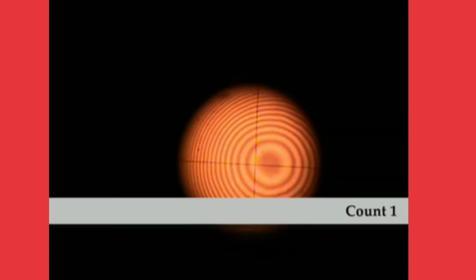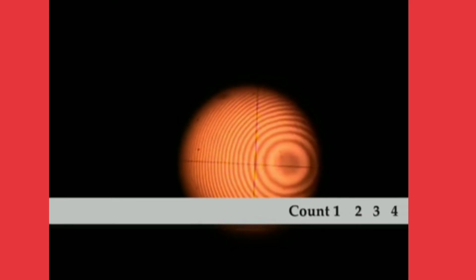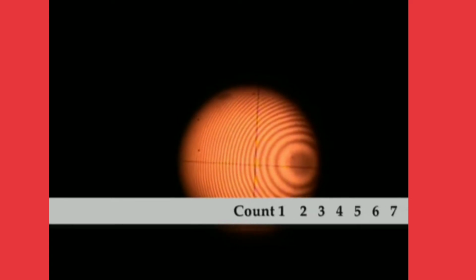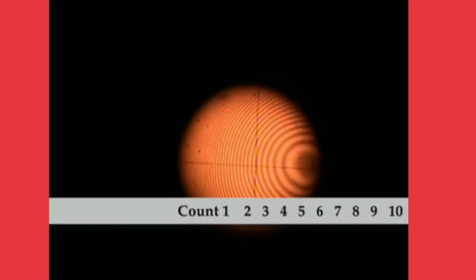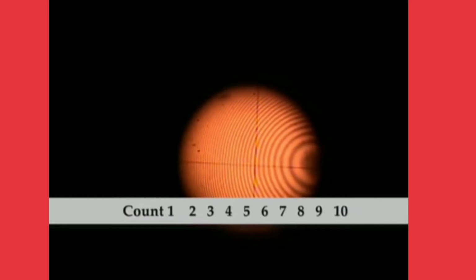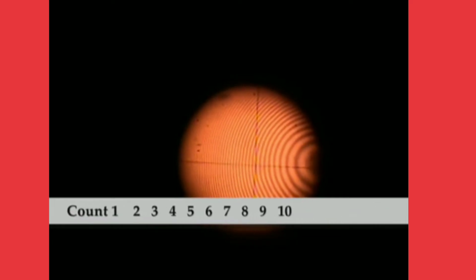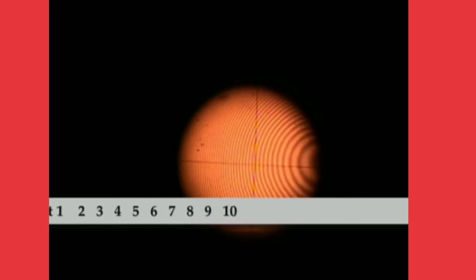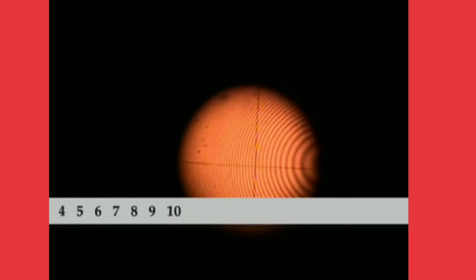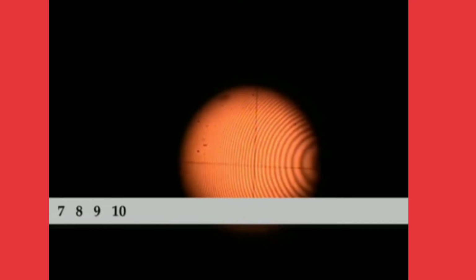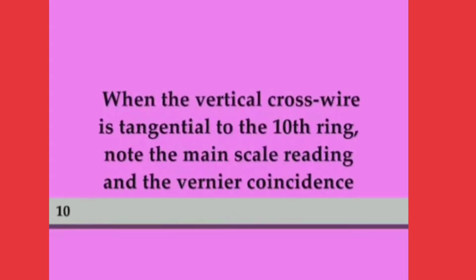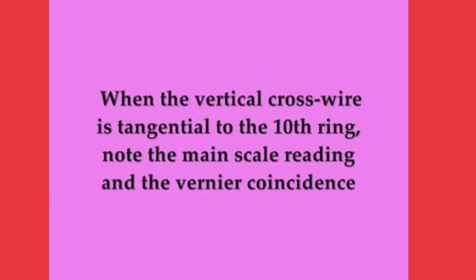By using the tangential screw, we have to move to one side of the rings. We have to start counting the bright rings, like 1, 2, 3, 4 up to the 10th. We need to focus the crosswire on the 10th ring to determine the radius of the bright ring.